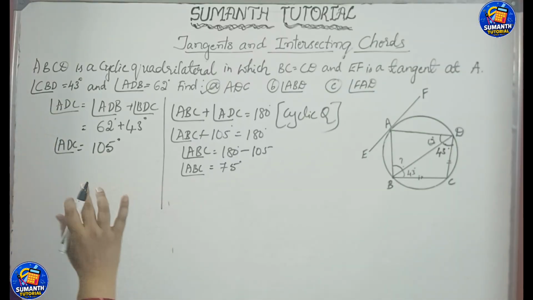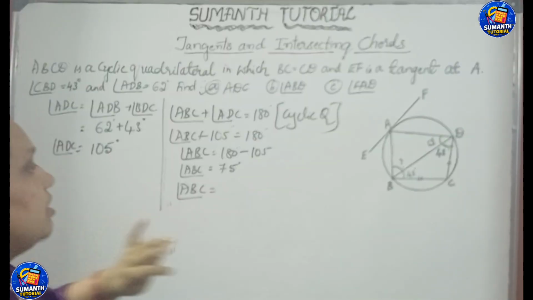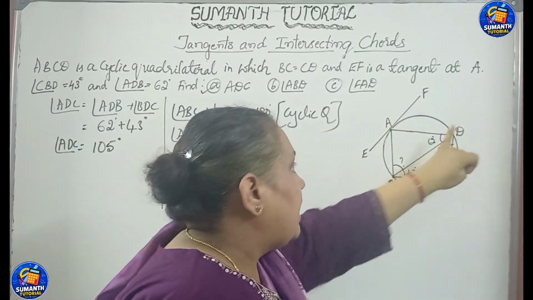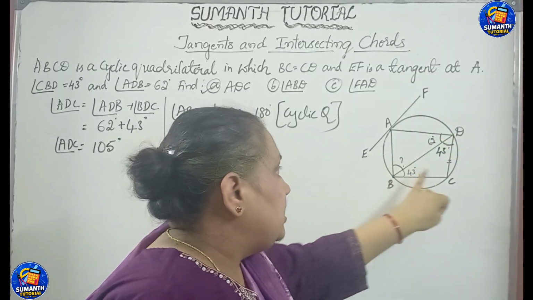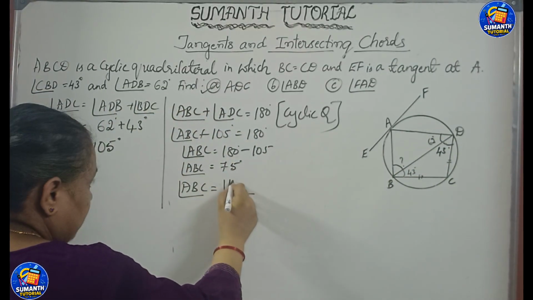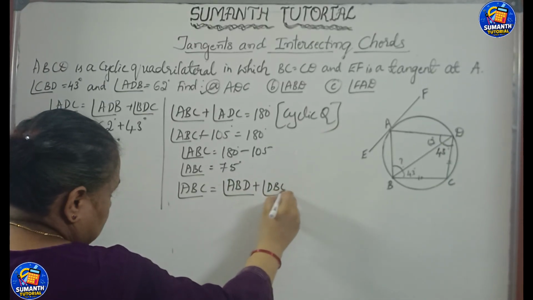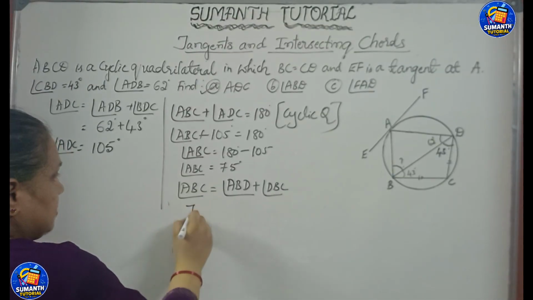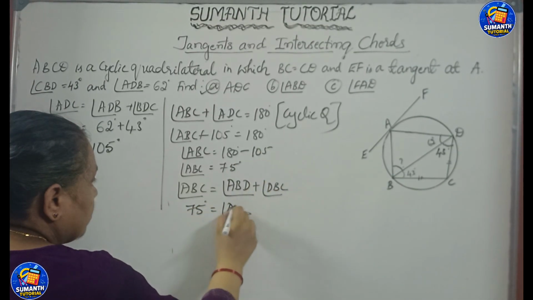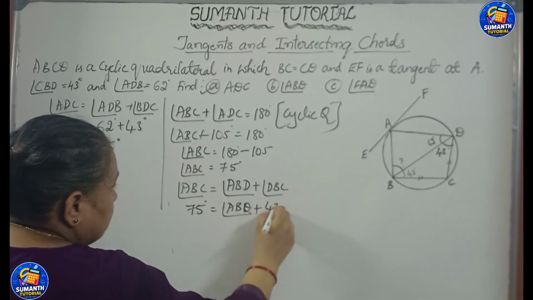For that purpose, what to do? Angle ABC is equal to the sum of angle ABD and angle DBC. Therefore, here I can write it is equal to ABD plus angle DBC. Therefore, angle ABC, 75 degree, is equal to, what is angle ABD? We don't know. What is angle DBC equal to? It is 43 degree.